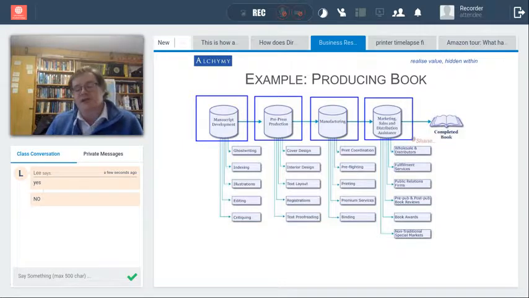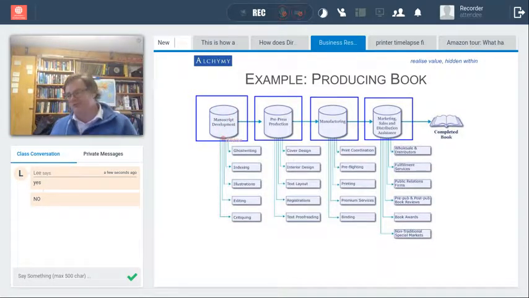So when you think about it, there's a process here, and there's technology and resources applied at each stage.